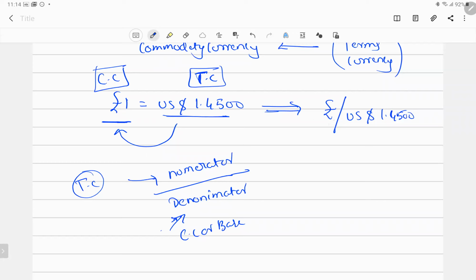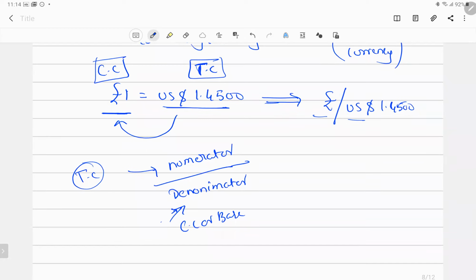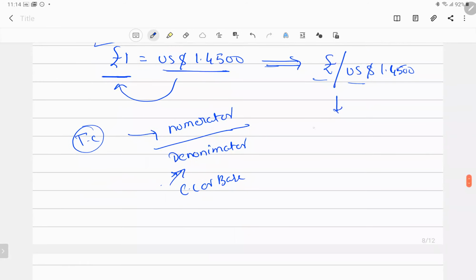So there are two foreign currencies with different exchange. I'm not getting into the bid and ask right now. First, you interpret how you have to manually change this one. When it comes to the market convention, they would have given it as per the ISO standards, ISO market convention, like this: Great British Pound slash USD 1.4500, right?